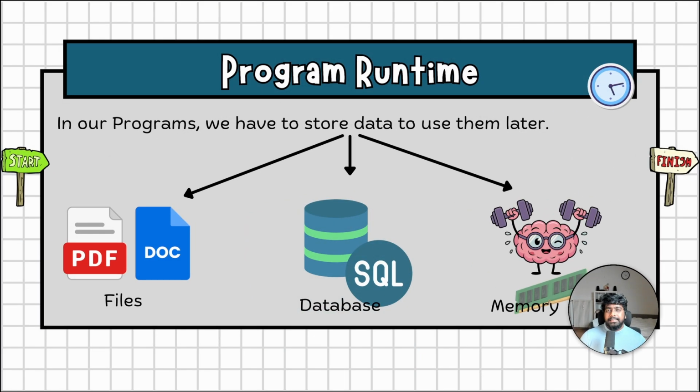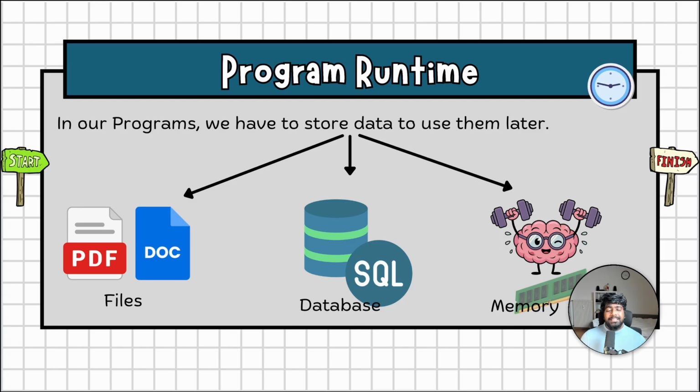Now let's understand what program runtime is. It is the time period between the start and the completion of a program. Whatever happens between that start and the end, we call the program runtime.